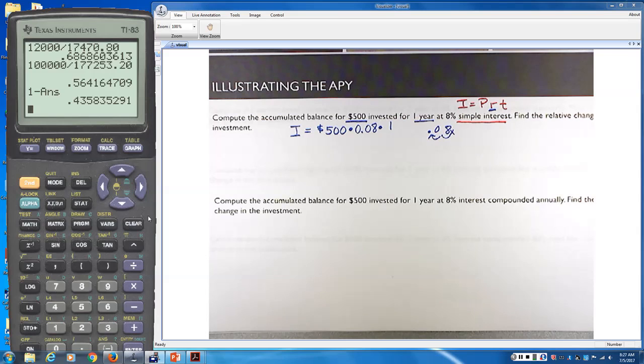So we'll get the calculator, clear it off, multiply 500 times 0.08 times 1, not that the 1 really matters, and we get $40.